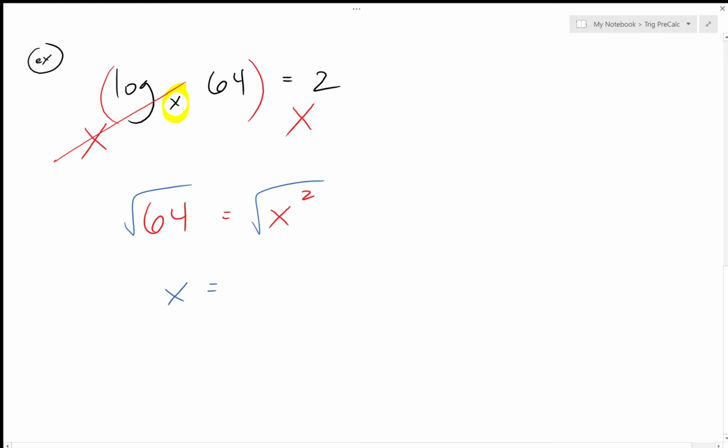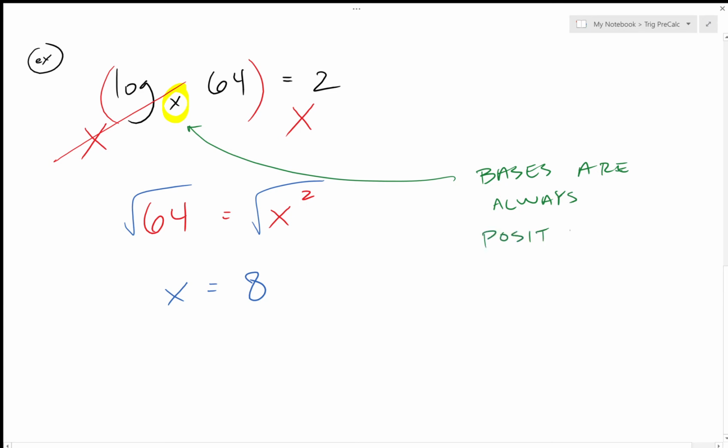So x equals, now in the past we did plus or minus. In these problems, we're just going to go with positive, or at least for this answer, because a little note to make right here: the x that we're solving for is the base, and bases are always positive.